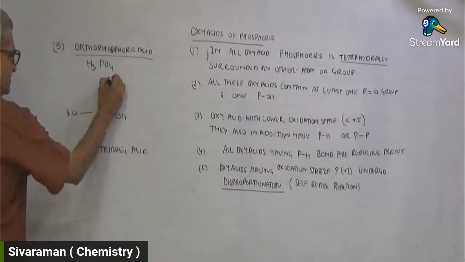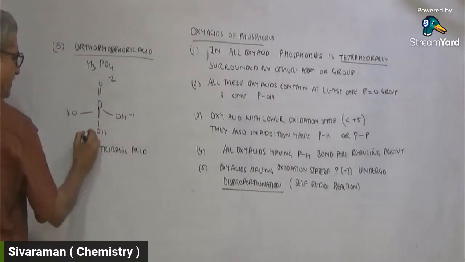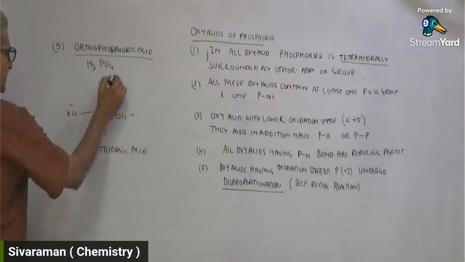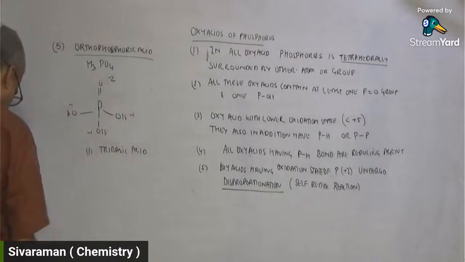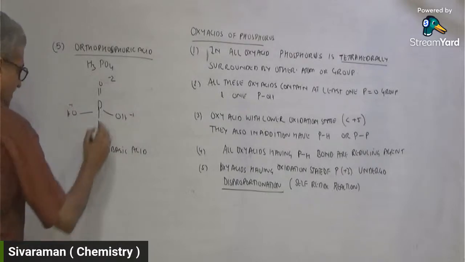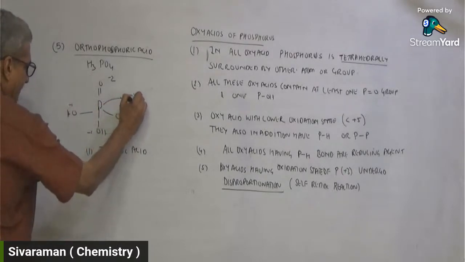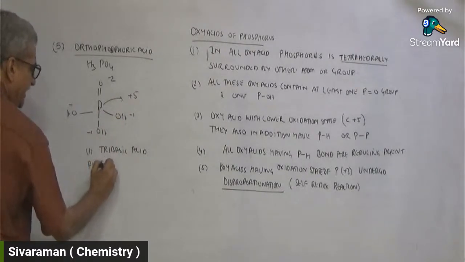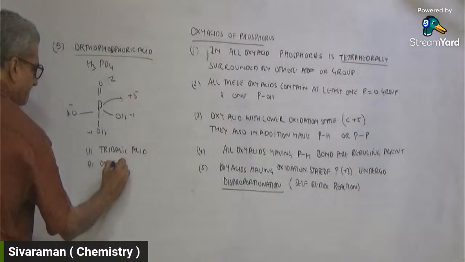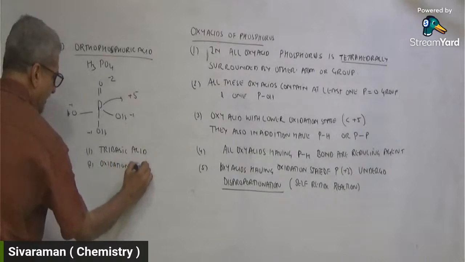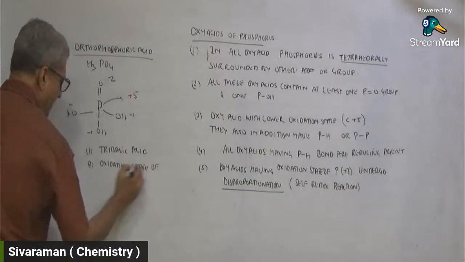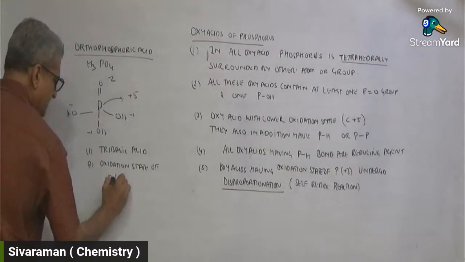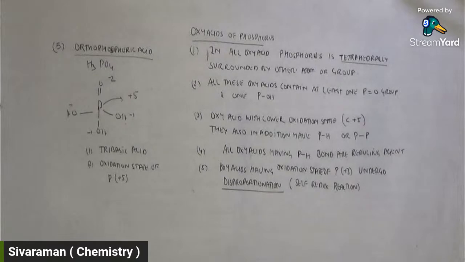So this is minus 1 oxidation state each, so 2, 3, 4, 5. The oxidation state here will be plus 5. So the second point is the oxidation state of phosphorus. Please remember the formula and the structure.